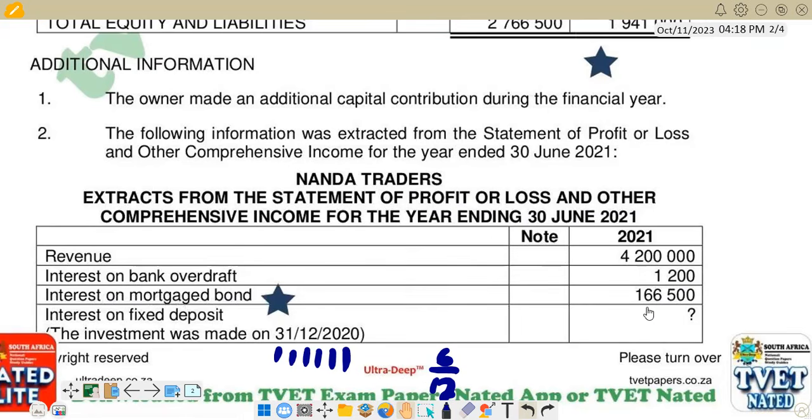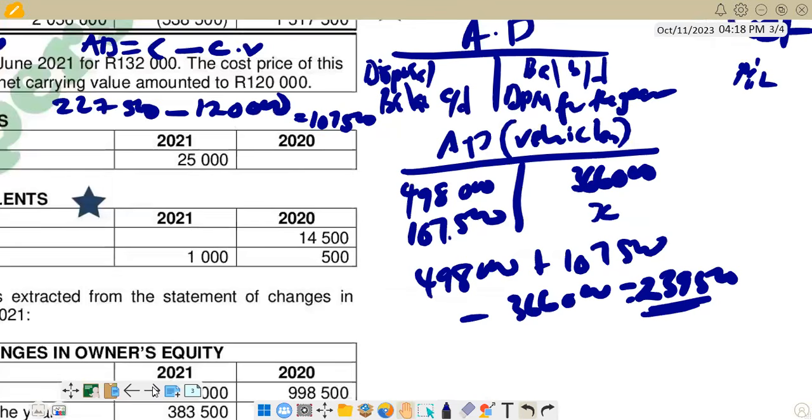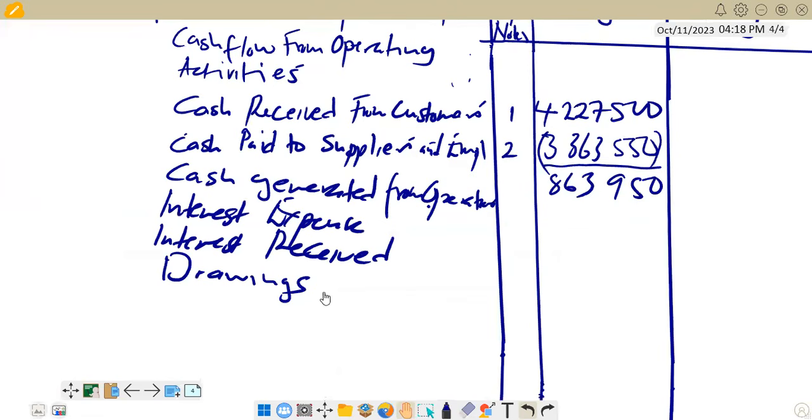So we are going to add them and get the total for interest. In brackets, 1,200. Then we add the other one, which is 166,500. If you add the two, you get 167,700.